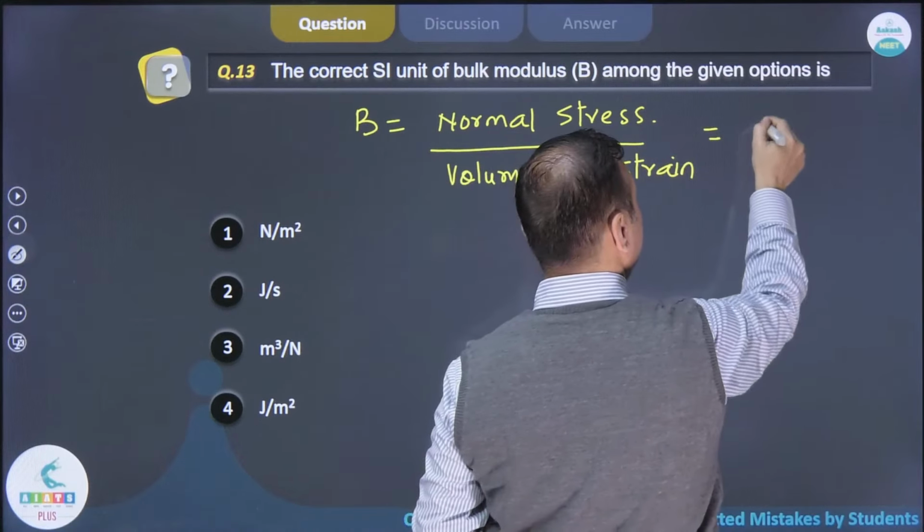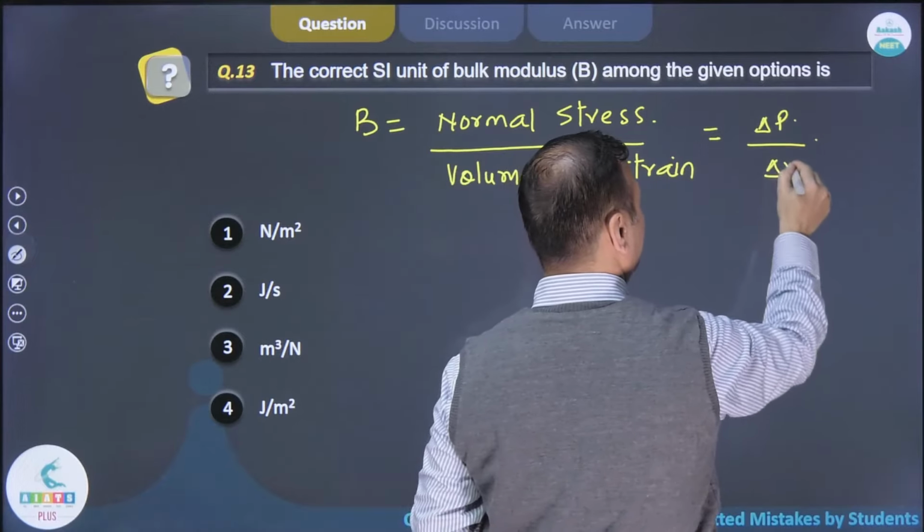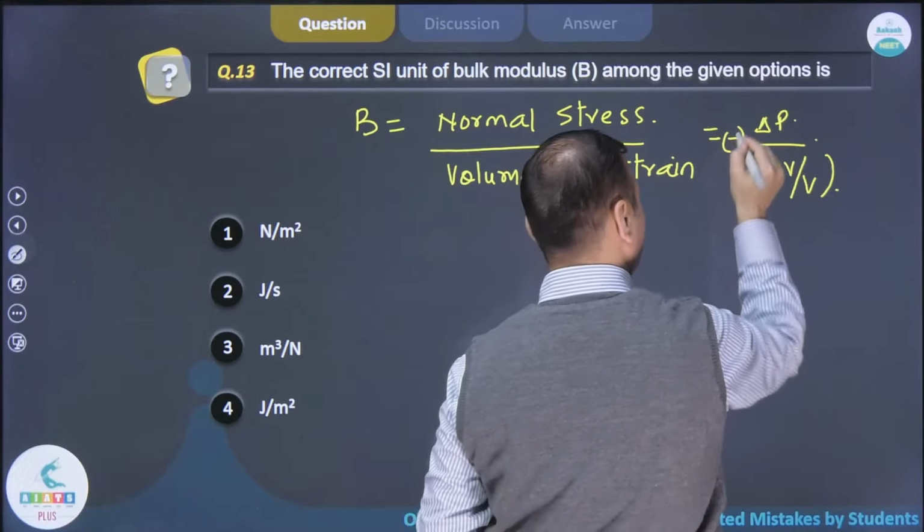Normal stress gives you the concept of increase in pressure, which gives you decrease in volume with a negative sign.